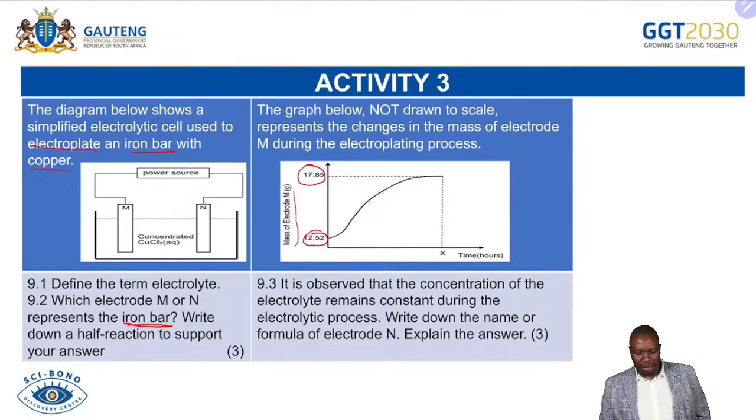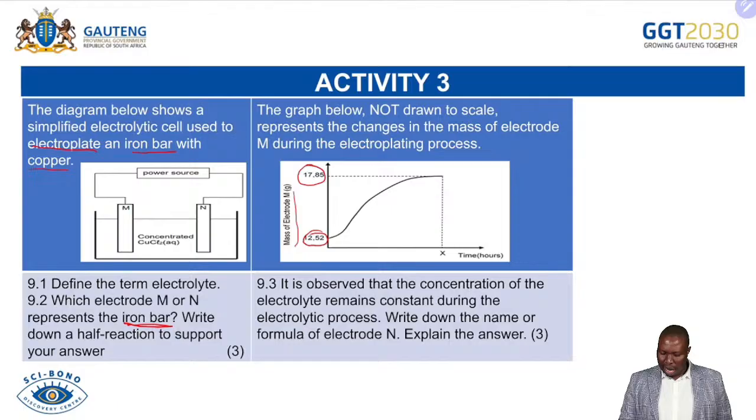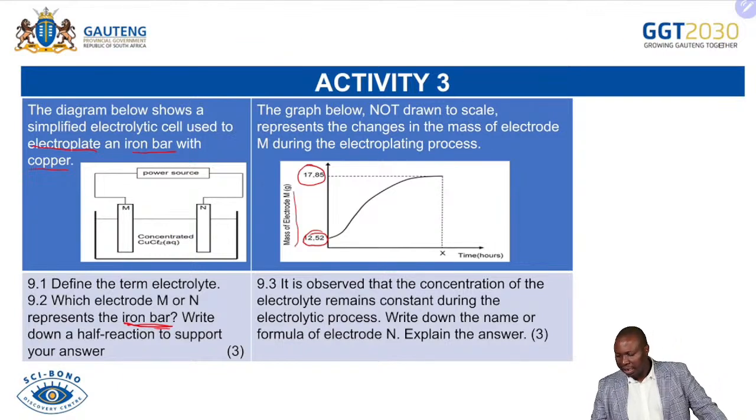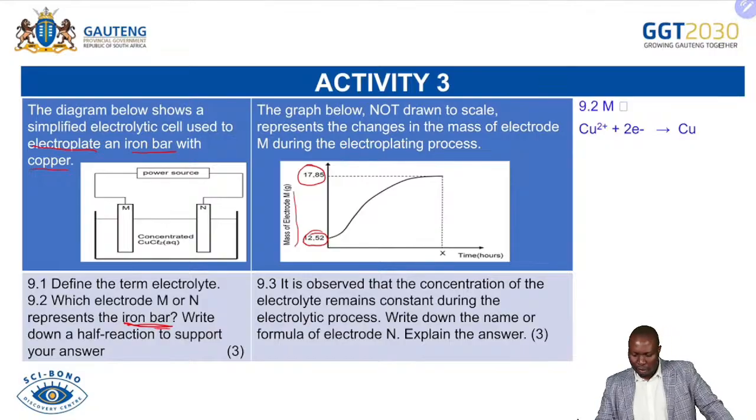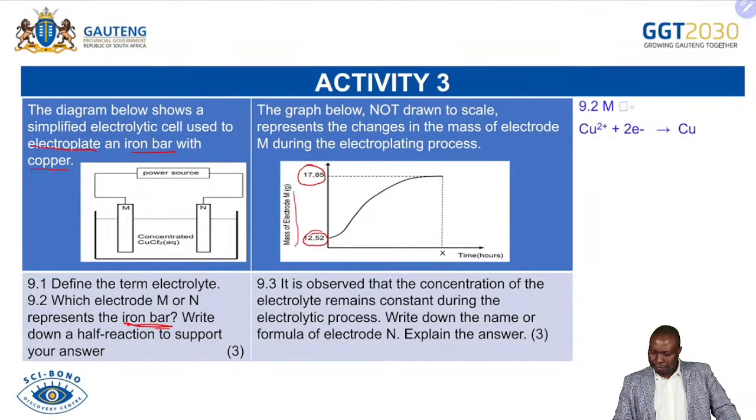And at the cathode, that's where we must have our iron bar, because it's increasing in mass, because it's being plated with copper. So M must be our iron bar.